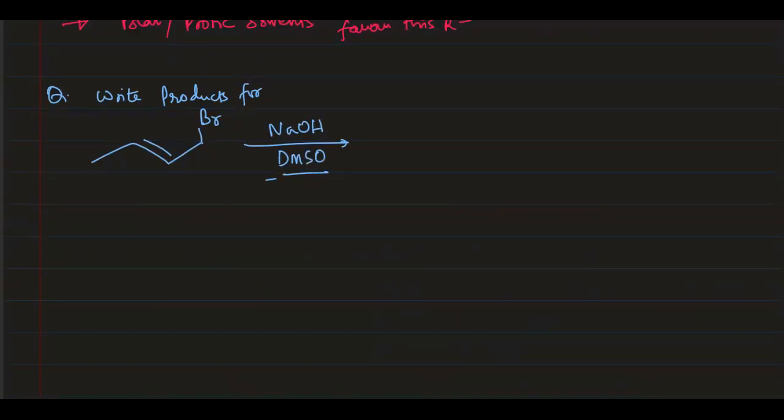What is this DMSO? DMSO is a polar solvent, dimethyl sulfoxide, with CH3, CH3. This is dimethyl sulfoxide, called DMSO. So this is the first question.